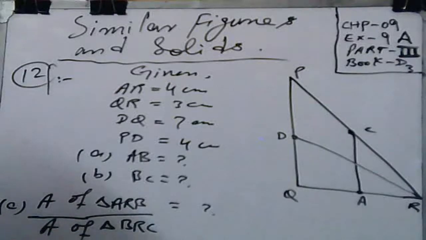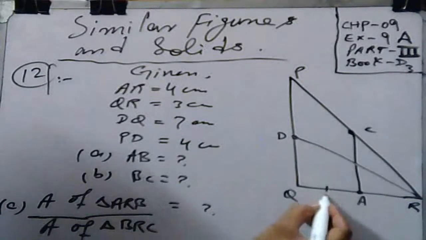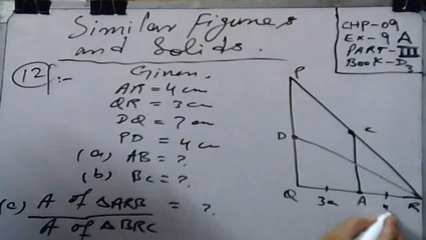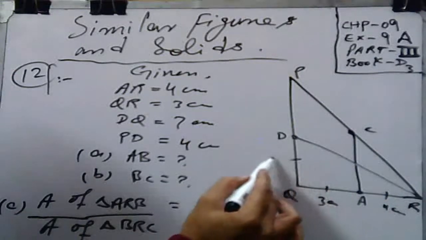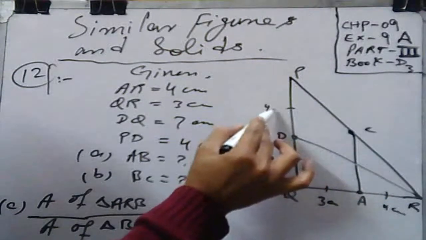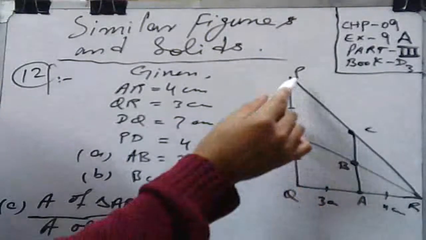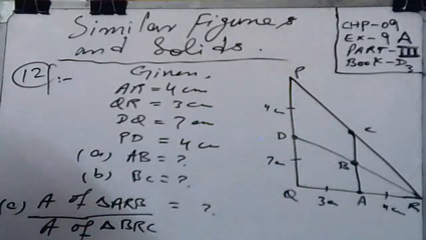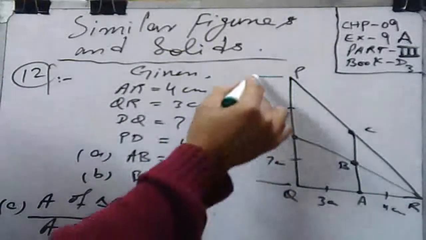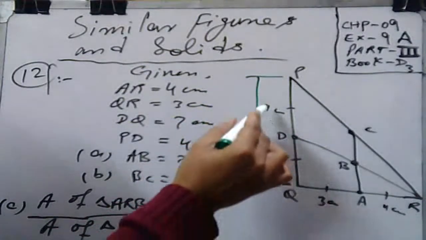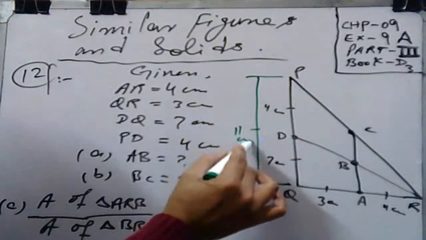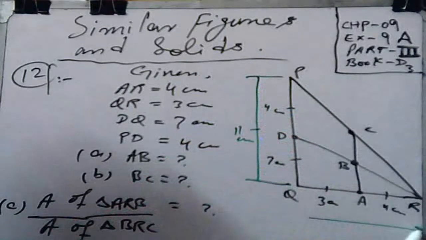First, in A part, how can we find the AB? You can see here that portion in the figure is your 3 centimeter, that is your 4 centimeter, that point is your 7 centimeter, that is your 4 centimeter, that point is your B point, and the whole distance from here to here is 7, 8, 9, 10, 11.